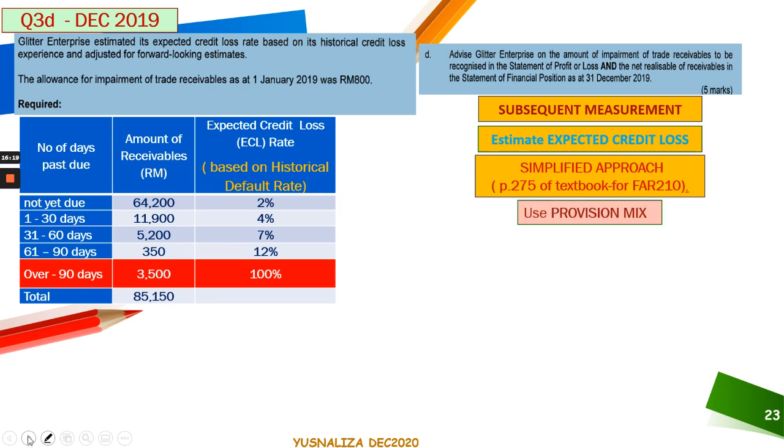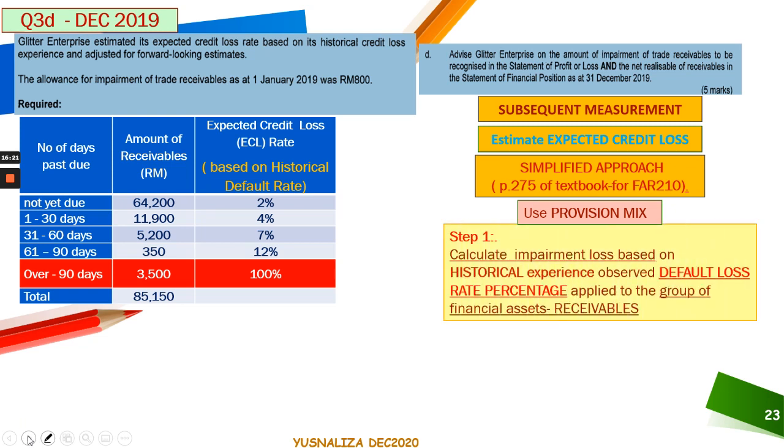Remember I said that I'm going to explain that. A provision matrix means you calculate the impairment loss based on your historical experience, your past history of observed defaults by your customers, look at the loss rate percentage, and then apply that to the group of financial assets.